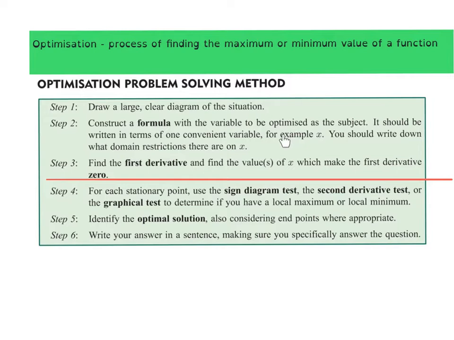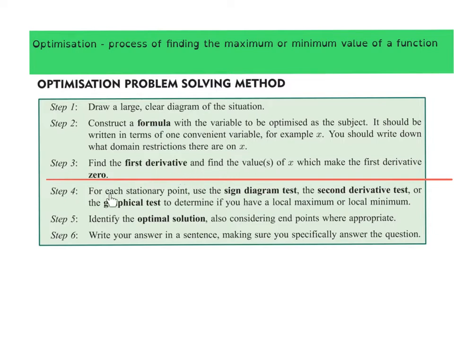We should also write down the main restrictions, if there are any, for the x variable. The next step is to find the first derivative and find the values of x which make the first derivative equal to 0. You can have more than one.